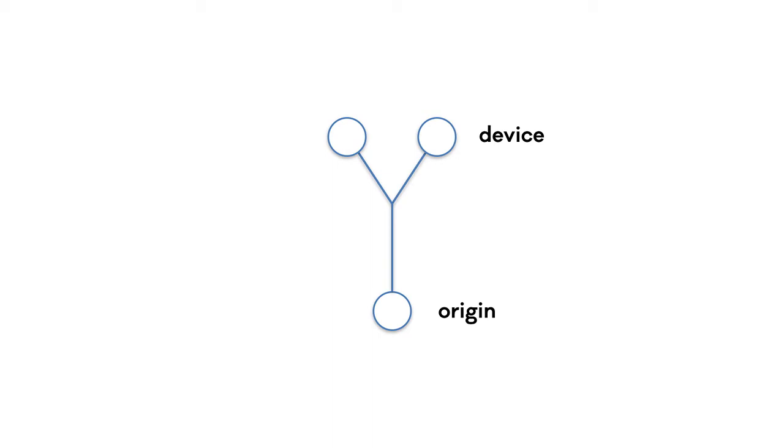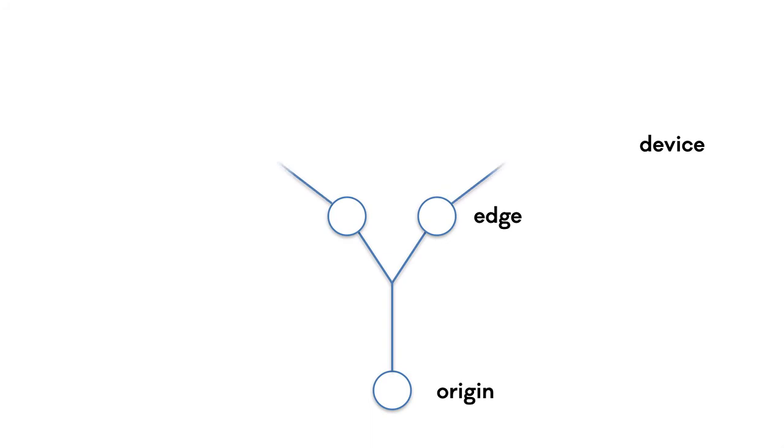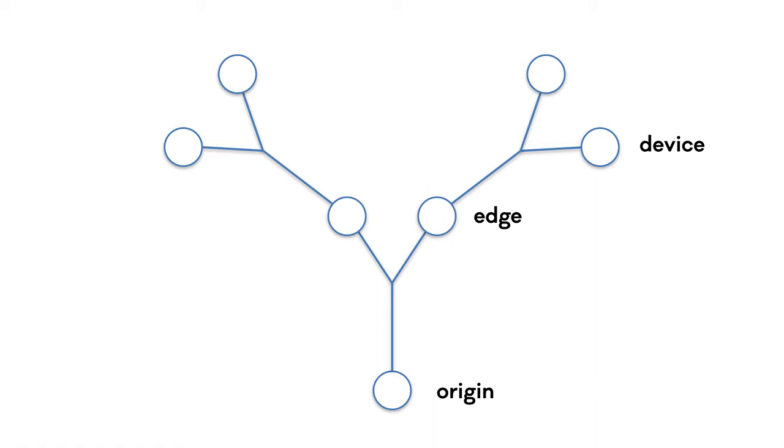But when we talk about this, we always say we do things at the device, we do things at the origin, but there are more steps in there. If you're using Fastly, or maybe you're using Amazon Lambda or something like that, there are more steps between your origin and your device than just that one network hop.